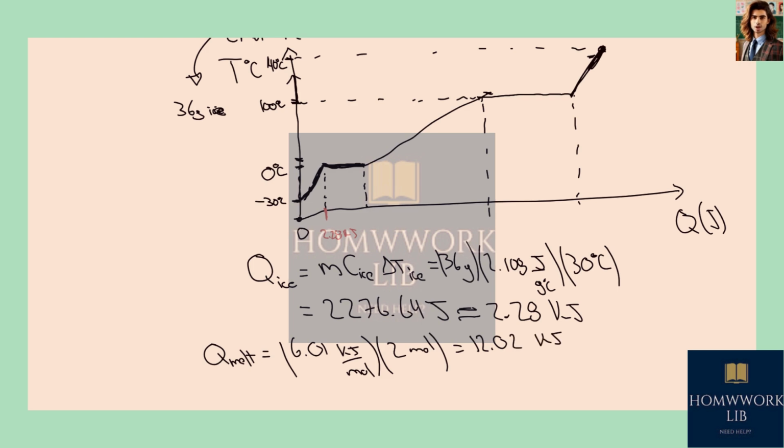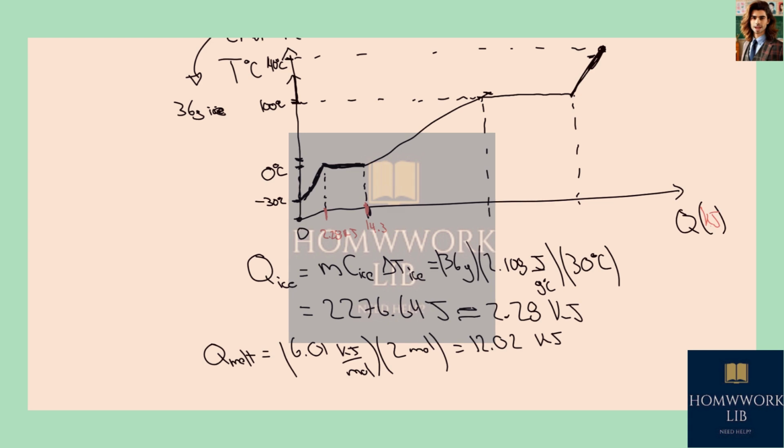So 12.02 plus 2.28, the next point over here would be 14.3. Here we would have 14.3 kilojoules. Let me change the label here for my axis. This is going to be kilojoules instead of joules, because it is going to be way more convenient.